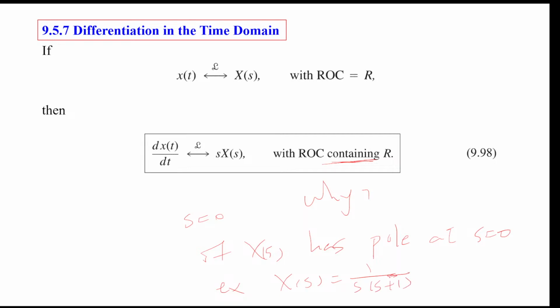Then you multiply by S, and you become 1 over S plus 1 only, and your pole at S equal to 0 will get cancelled out. So this is usually what happens when the ROC gets extended: a pole gets cancelled out when you change your S domain expression.